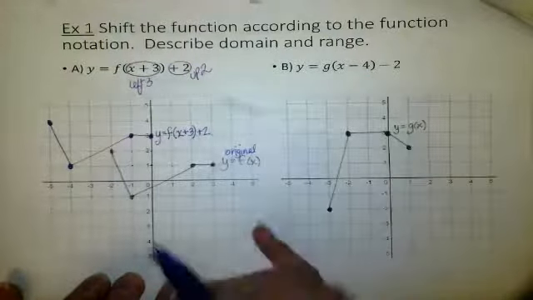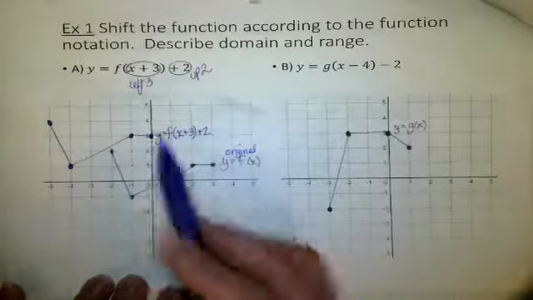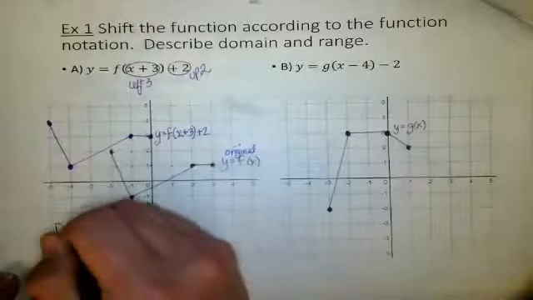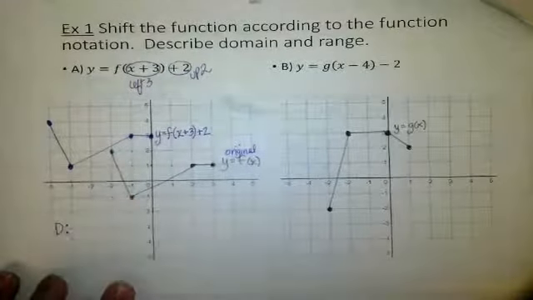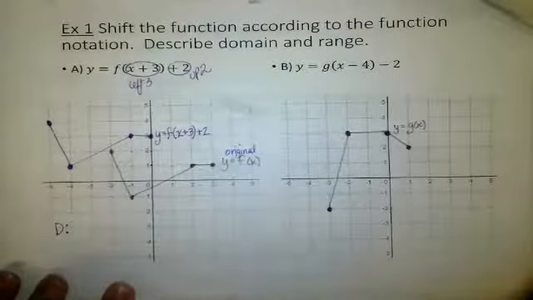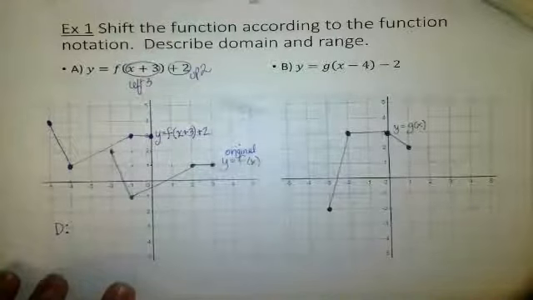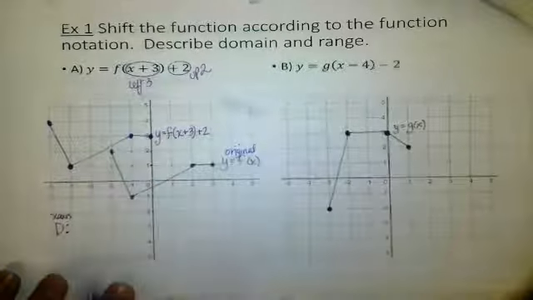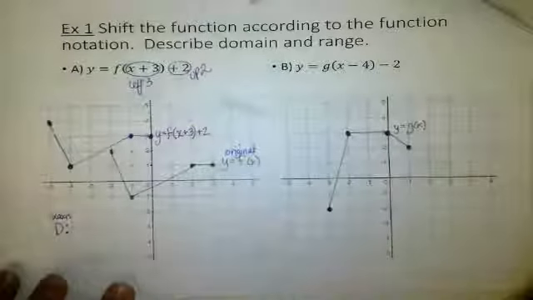Let's talk about the domain and range of this, which is purple. Domain refers to what? Left. It's the x-axis. So the x-axis moves left and right.